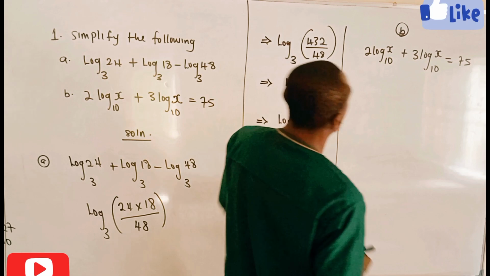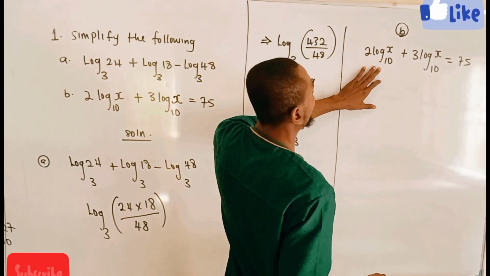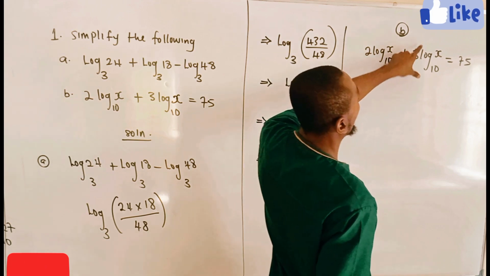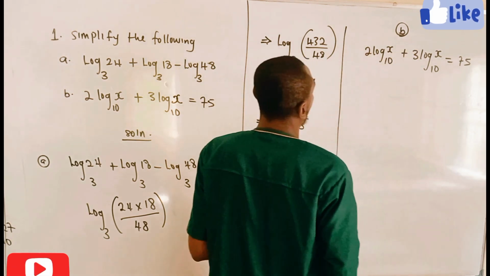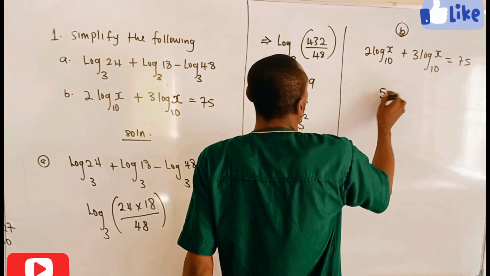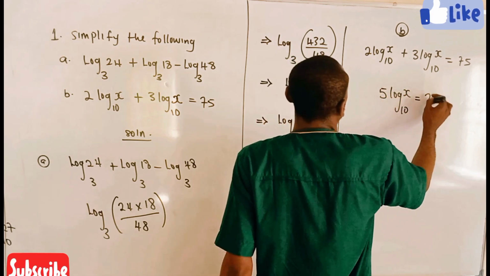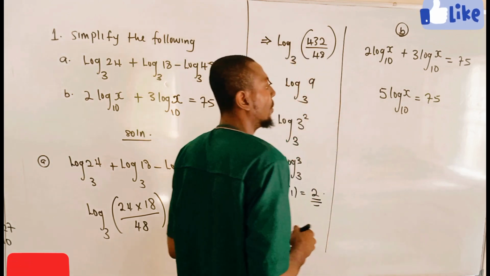So how are we going to solve this equation? You find out that we have like terms here. 2 log x to base 10 plus 3 log x to base 10 will give us 5 log x to base 10, then equal to 75.